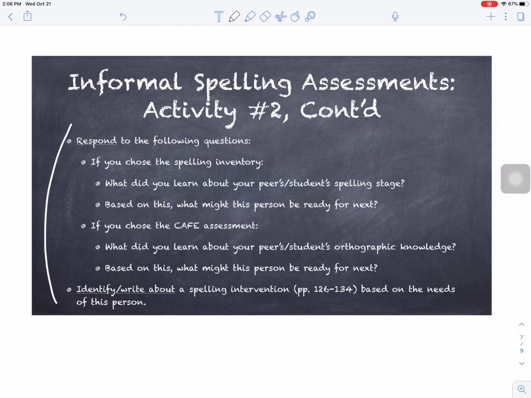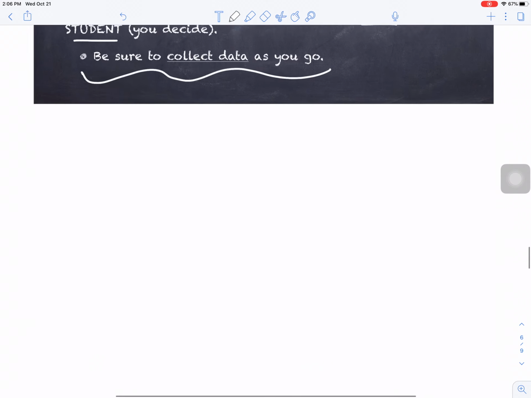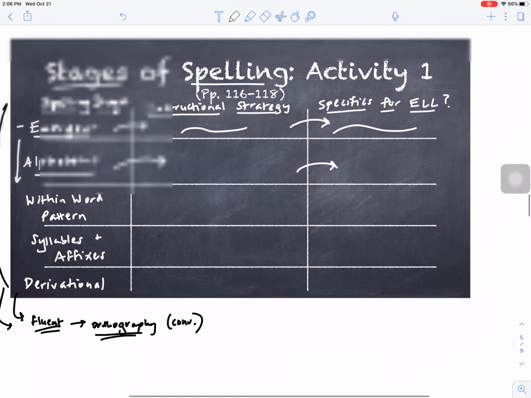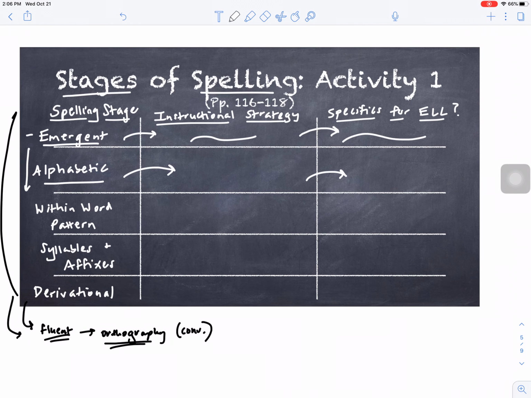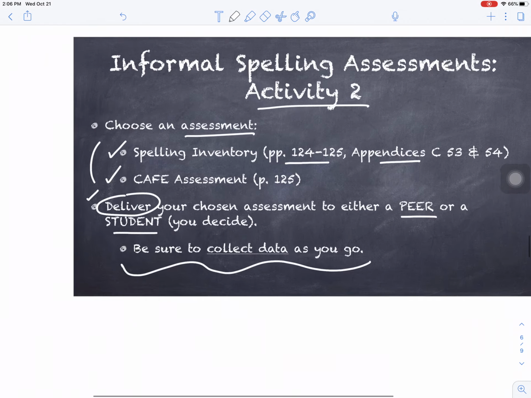And then based on that, what might this person be ready for next? So, hope I'm not making you seasick here. If you said that your student or your peer was at the within word pattern stage based on their responses, then you might think about what instructional strategies you could use with that student to bring them to the next level as spellers, and that's what you would write about there.